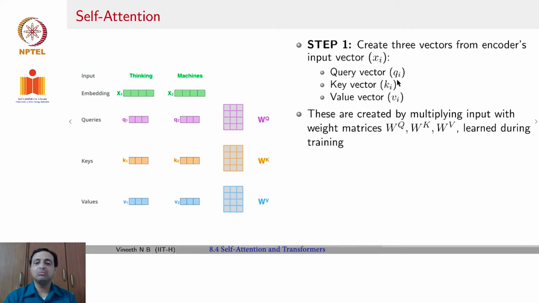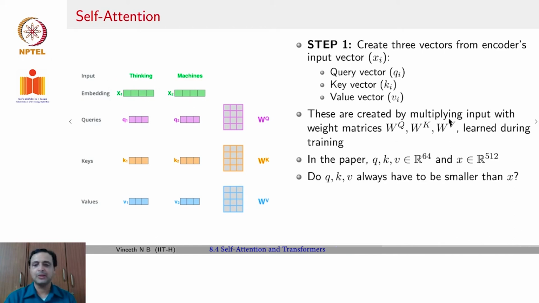To create the q, k, and v vector, one uses learnable weight matrices wq, wk, and wv, which are multiplied by the input x to give us q, k, and v. So in this particular work, q, k, and v were 64-dimensional vectors, and x by itself, which is the embedding of each word in the sequence, was a 512-dimensional vector.